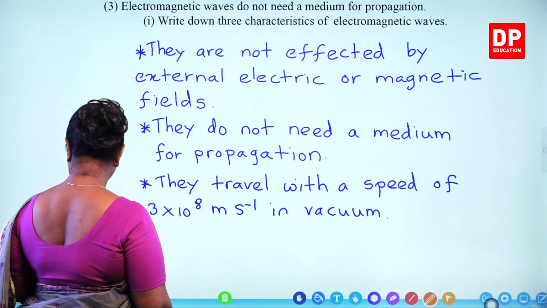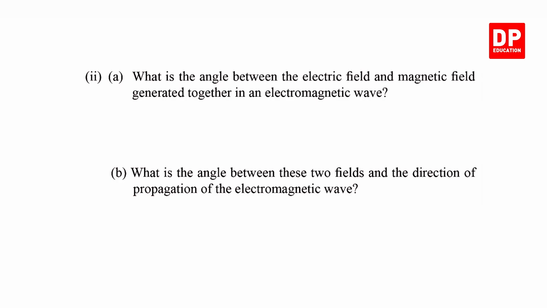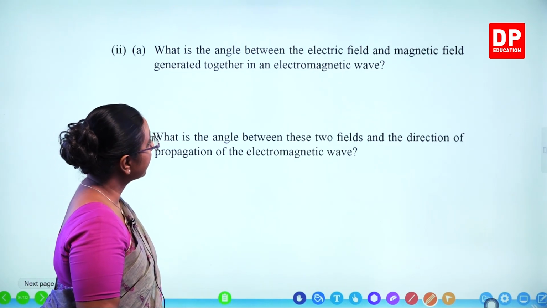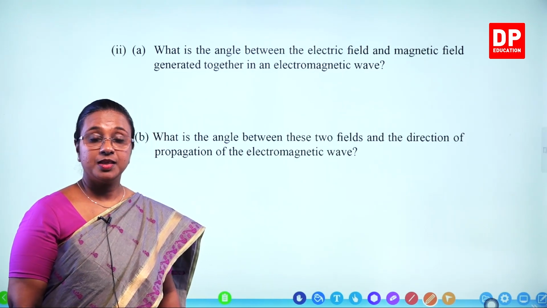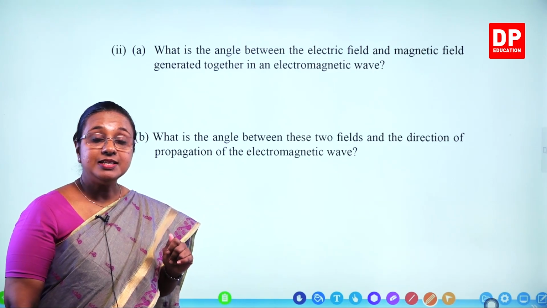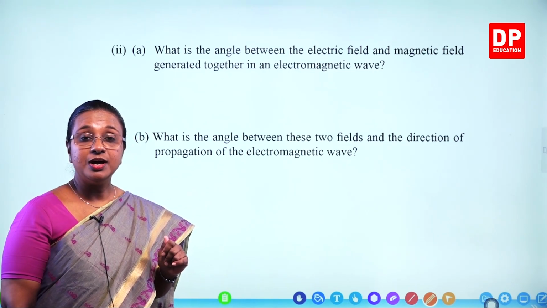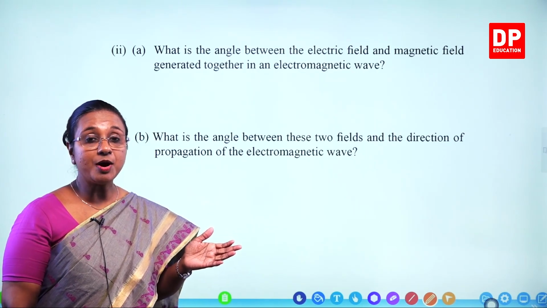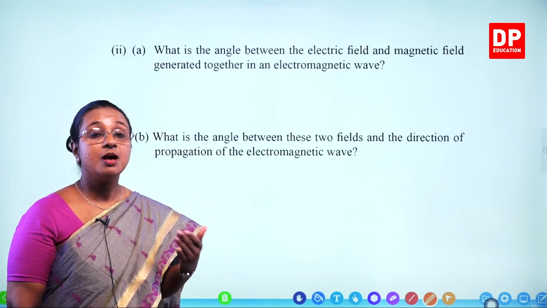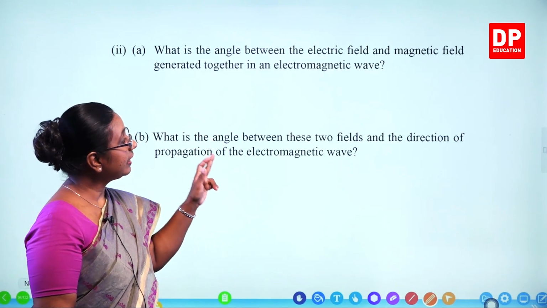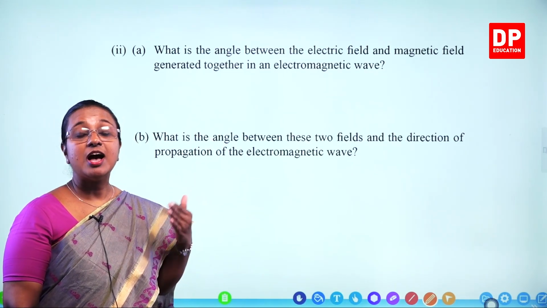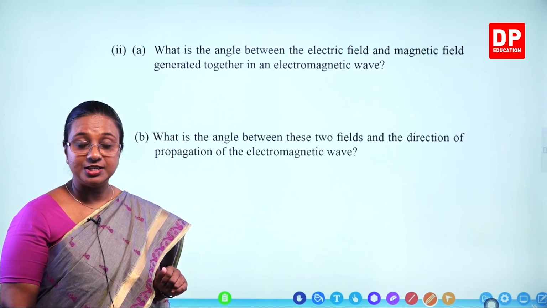The next question. What is the angle between the electric field and magnetic field generated together in an electromagnetic wave? What are these waves similar to? They are a type of transverse waves. Why? The two fields and the direction of the wave are perpendicular to each other.